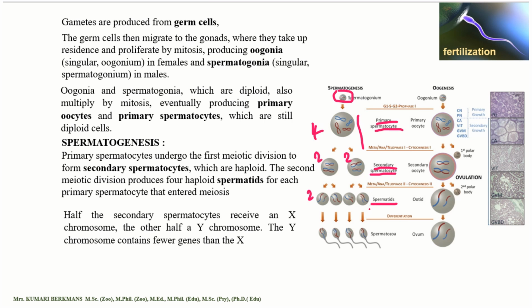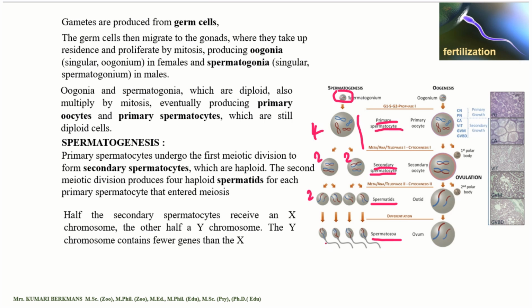But at the end of meiosis cell division, there are 4 daughter cells, and these daughter cells in male are called spermatids. After maturation, they are called spermatozoa. It possesses a tail, so it is ready to move from one place to another.